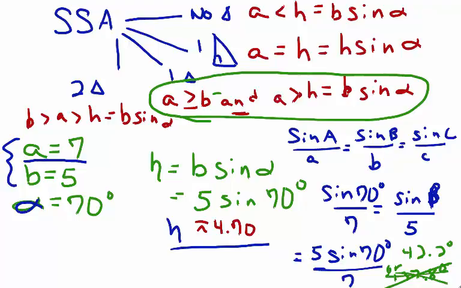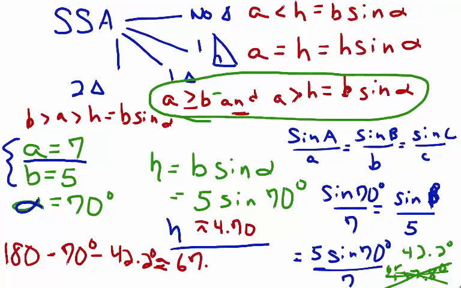So we throw this result out, and we use angle 42.2. From this point, it's fairly straightforward to find the final angle. Again, since we know the sum of all angles in a triangle is 180, we subtract our known angles, 70 and 42.2, and this leaves us with about 67.8 degrees.